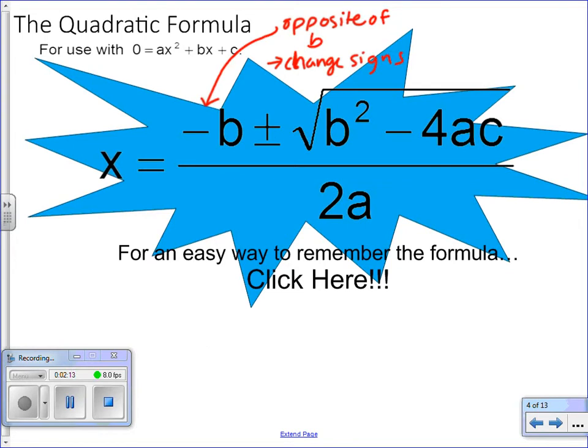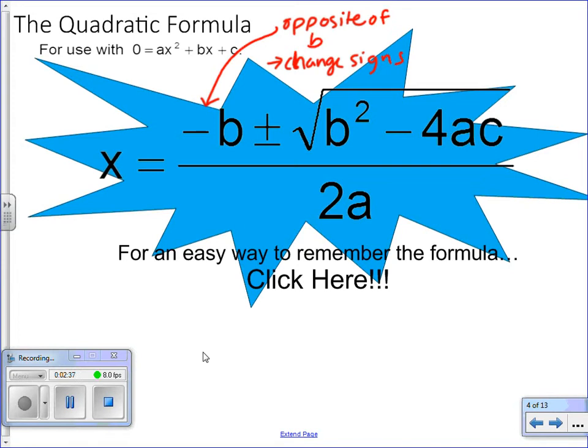So this can be a point of kind of confusion for some people. They see that negative in front of b at the very beginning, and they always want it to start with a negative. But what that sign really means in math is the opposite of b. So if b is positive, when you plug it into the quadratic formula, it will be negative.